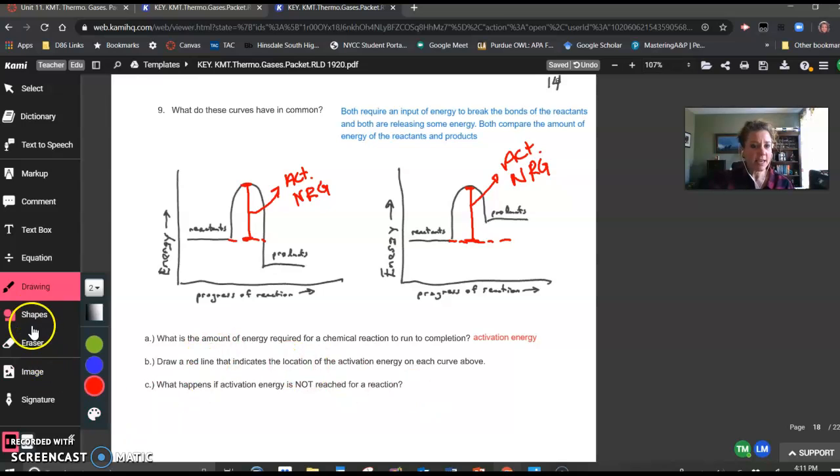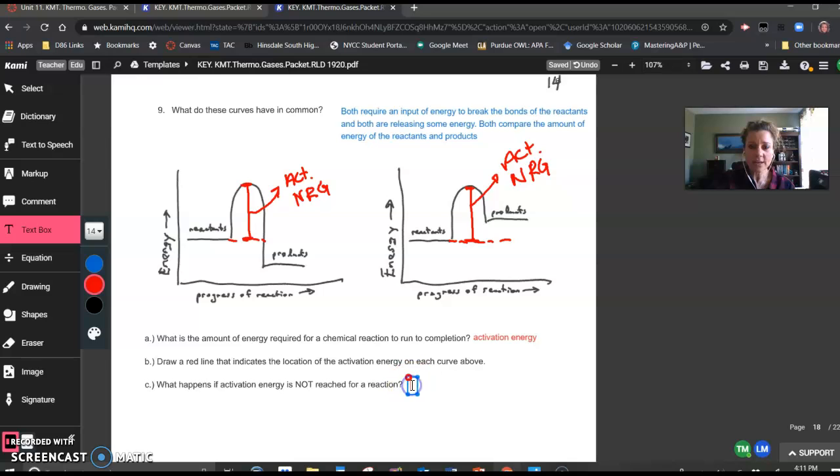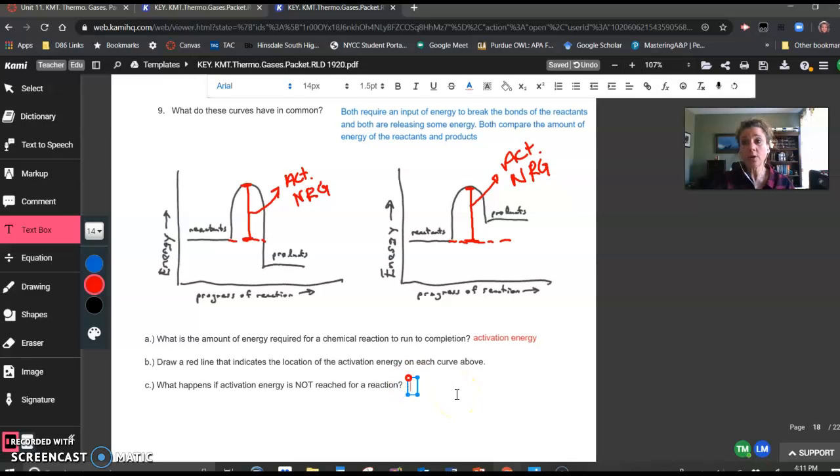And letter C, our final question, is just asking, what happens if activation energy is not reached for a reaction? Well, that just means that products don't form. It's as simple as that. If you don't have enough energy to run a reaction, that means that you don't have enough energy to get the molecules in motion.